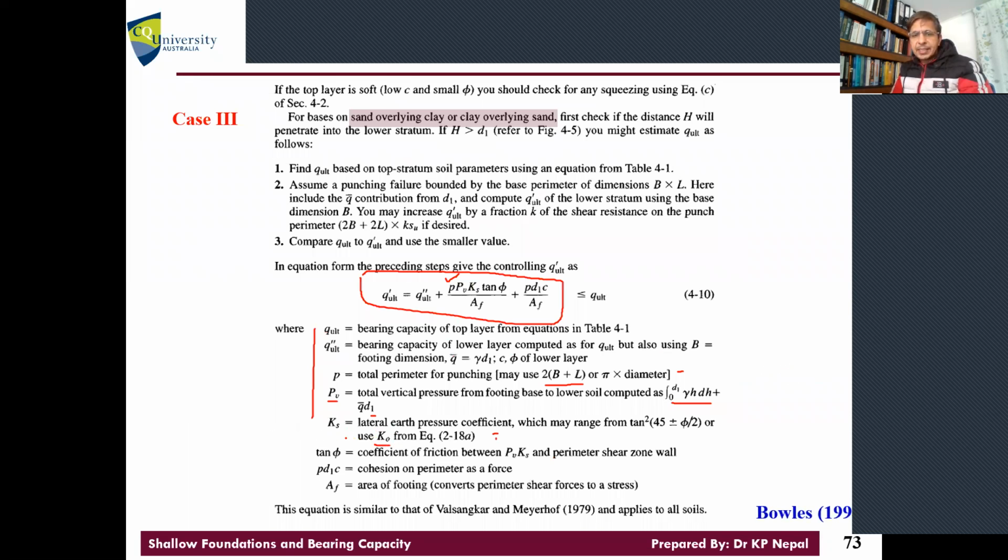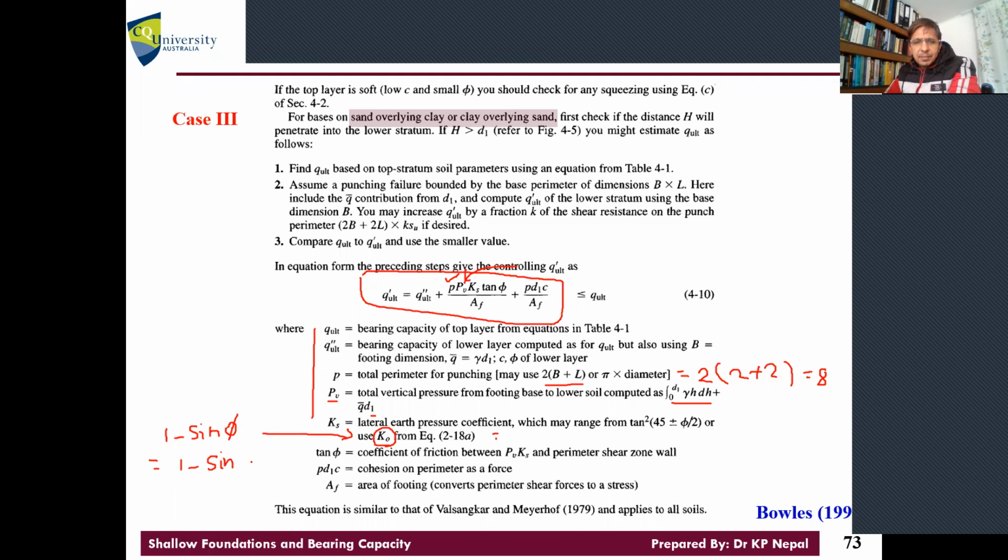K naught is the at-rest pressure coefficient, which is 1 minus sin phi. I'll talk about this in detail when we talk about retaining wall design, all right? This is the sin phi. Can you compute that now? How much will it be, 1 minus sin phi, in the first layer? Come on, 1 minus, I think sin 34, is it?